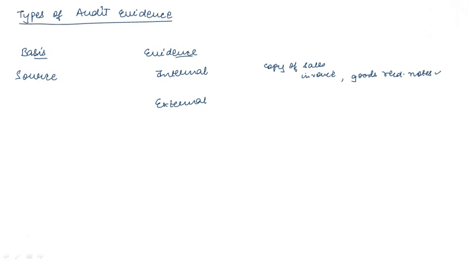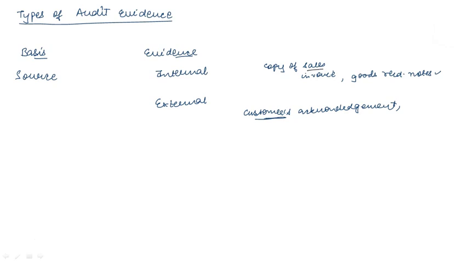So they are available within the organization. But if I talk about the external sources, just like customers' acknowledgement, where did this come from? From the customer. The source, the origin from where you got the evidence, is not within the organization.